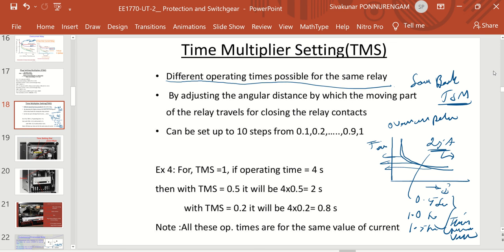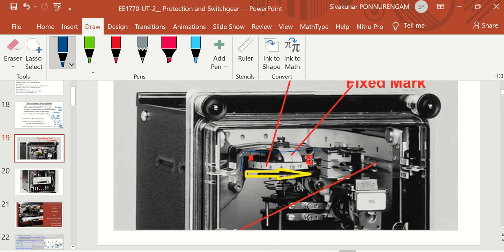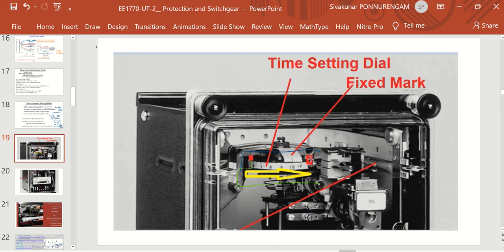The same relay can adjust the travel. This is the physical part of the relay, please see this part.